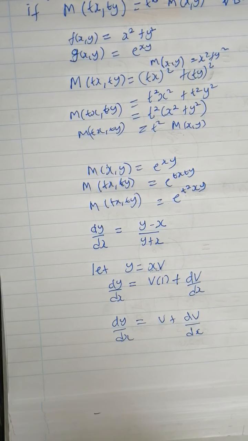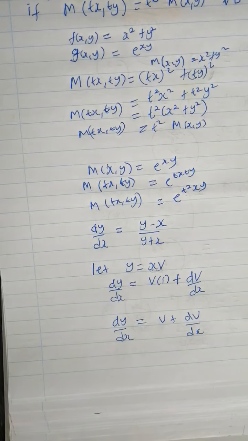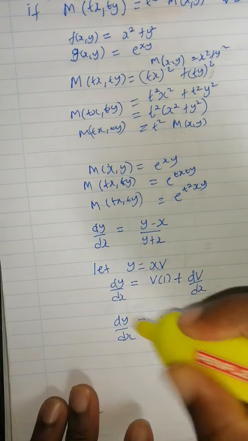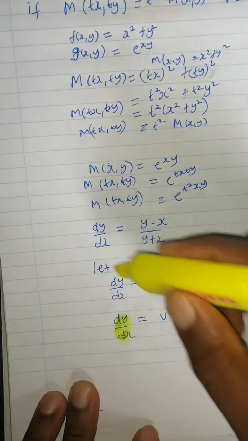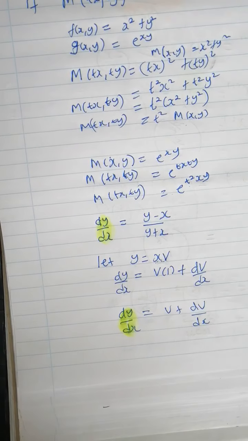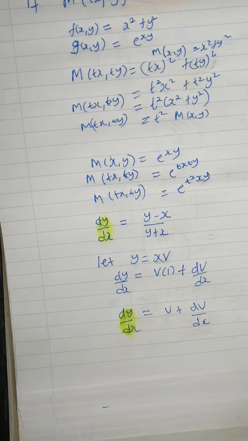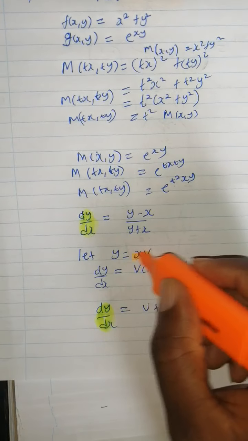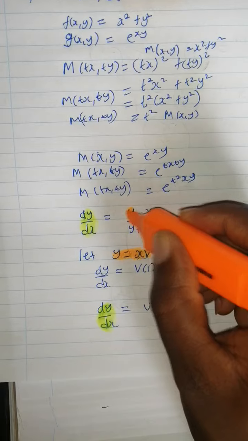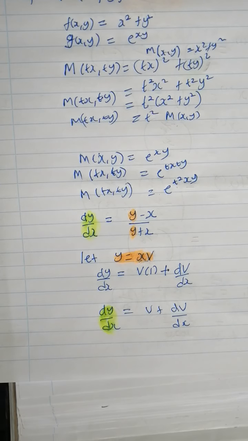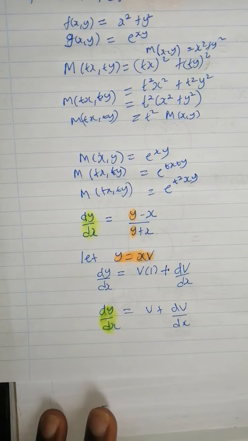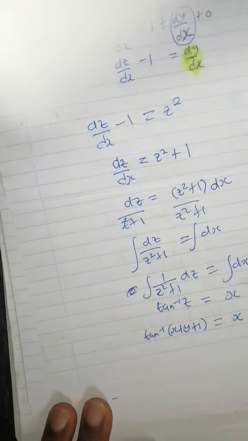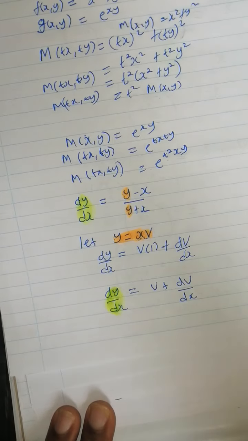So from there, we can go and replace. I usually prefer to use highlighters. We can replace this dy over dx with that dy over dx there. And we can also replace wherever there is y, that y and that y, with that. So let's go and replace. Let's open a new page. Let's do the replacement.